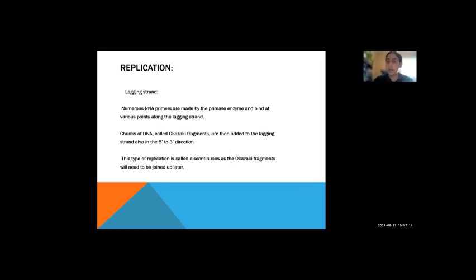Then DNA polymerase comes and starts filling those small primers, small chunks of DNA, which are known as Okazaki fragments. And then they are joined together. So this type of replication is called discontinuous replication because your DNA is not going simultaneously with the other one. It is joined together from small little pieces.